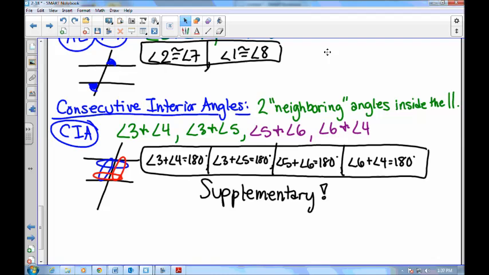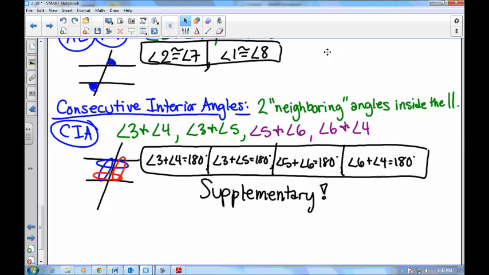So we've actually today discussed 2 sets of supplementary angles. What was the other pair that ended up being supplementary? It's probably on the front side of your notes. What's the other pair that ended up being supplementary? Yeah? Exterior? Yes, exterior angles.